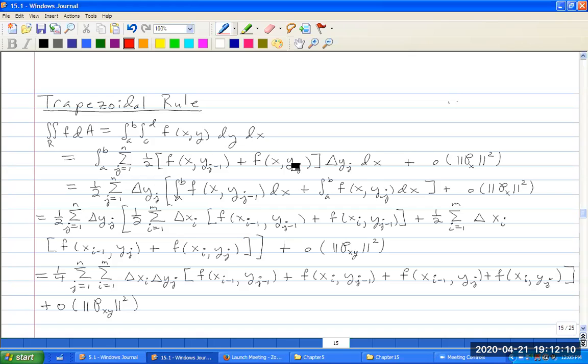Okay, and so you can put the integral inside.